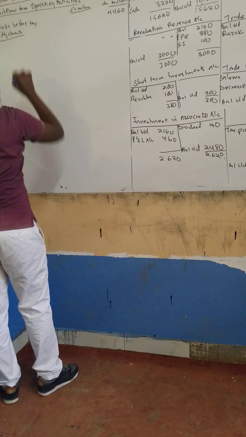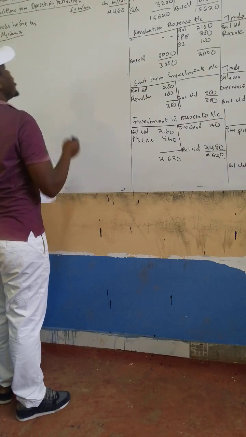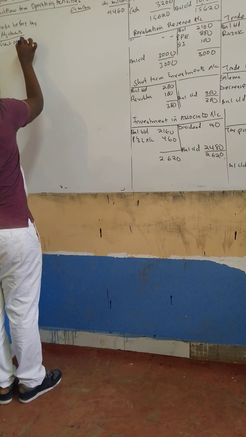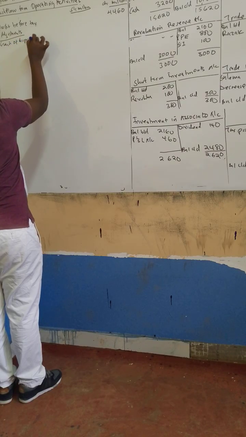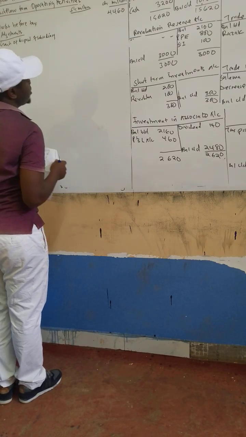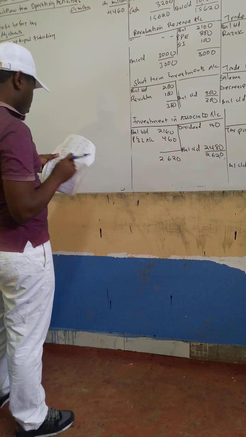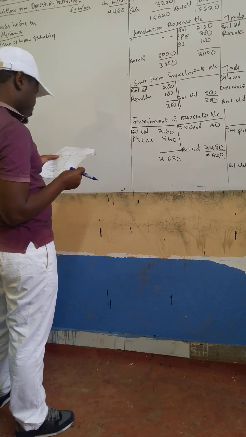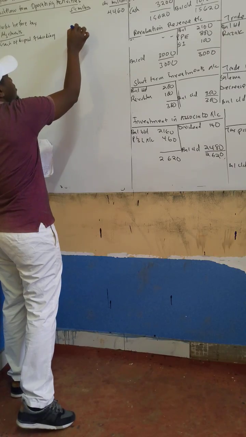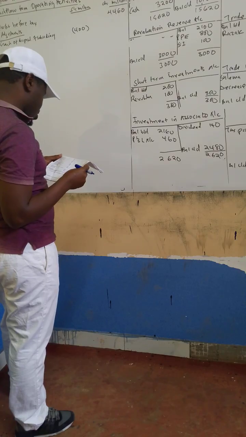Under the first adjustment, we have gain from disposal of subsidiary. Gain from disposal of subsidiary was how much? If you look at the income statement, it was coming to be 400. So that is an uncashed income, so we deduct that one.